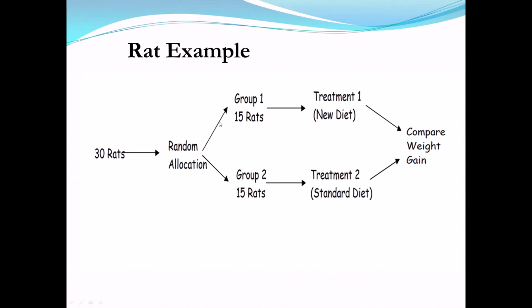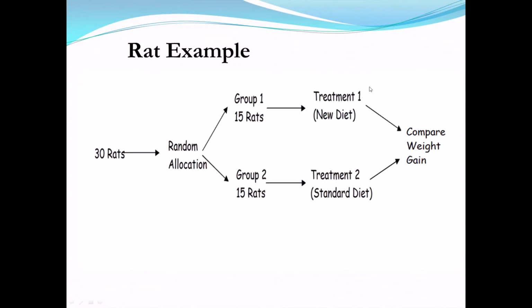Now, do you need to randomly assign the other 15 to group 2, or are they just already randomly picked? Really, if you randomly picked 15 rats for group 1, you randomly didn't pick the other 15, so they are still random. Dump them into group 2. All right, so now you're good.